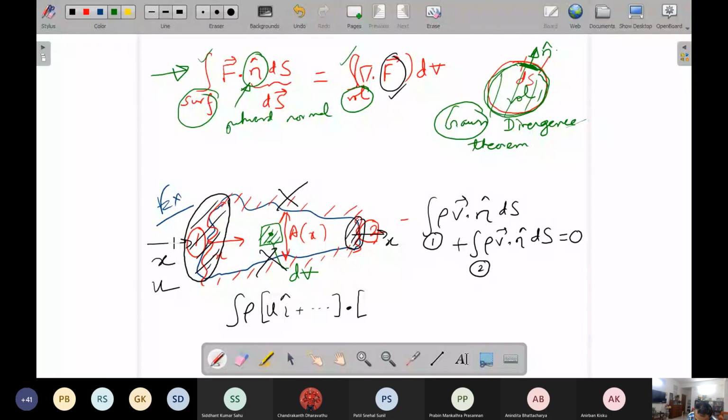So if you have this surface, its outward normal vector is in which direction? It is in minus x direction. So that means it is minus i, and dS. And let us say the total area of the surface is A1 and the total area of this surface is A2.